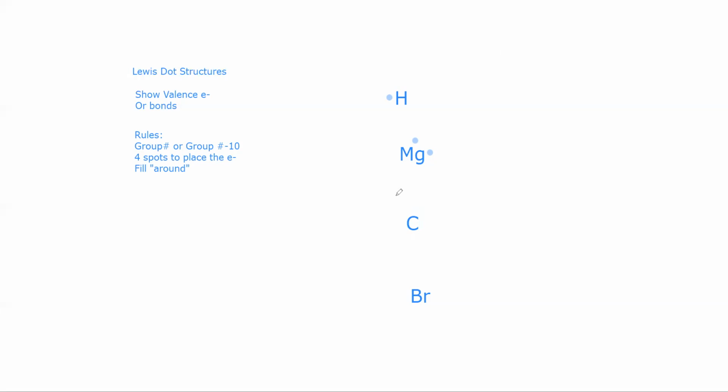The thing that most people do at first that's a little wonky is they'll do all 4 dots crammed together. And the electrons repel each other, so we're not allowed to do it that way. So we've got 1, 2, 3, 4. Bromine is way over on the edge. It's going to get 7 dots.